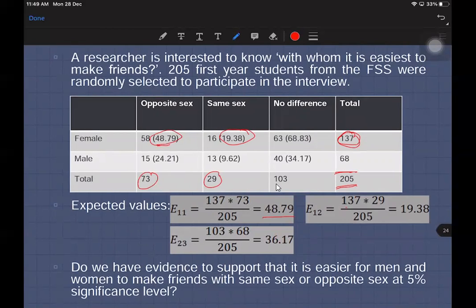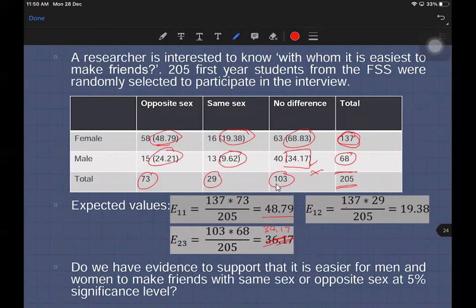Here 103 times 68 divided by 205, you will get 34.17, not 36. Okay, not 36. So you do this for all cells here.